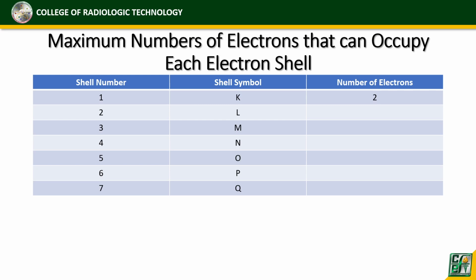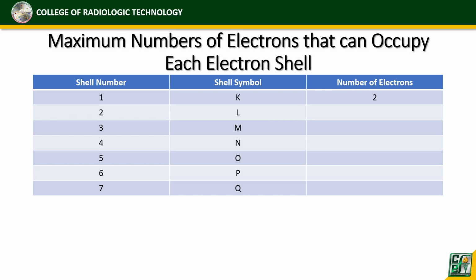Okay, so are you done? So how many electrons or what is the maximum number of electrons for L shell? 8. Very good. How about M shell? 18. Then N shell? 32. Very good. P shell? 72.